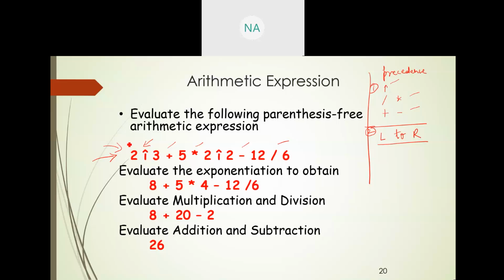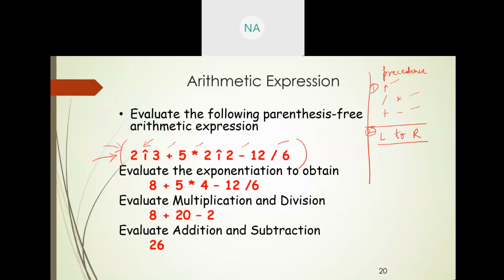Now consider this expression which is in infix notation: 2 exponent 3 plus 5 multiplication 2 exponent 2 minus 12 divided by 6. If there were parentheses in this expression, there would be no confusion.